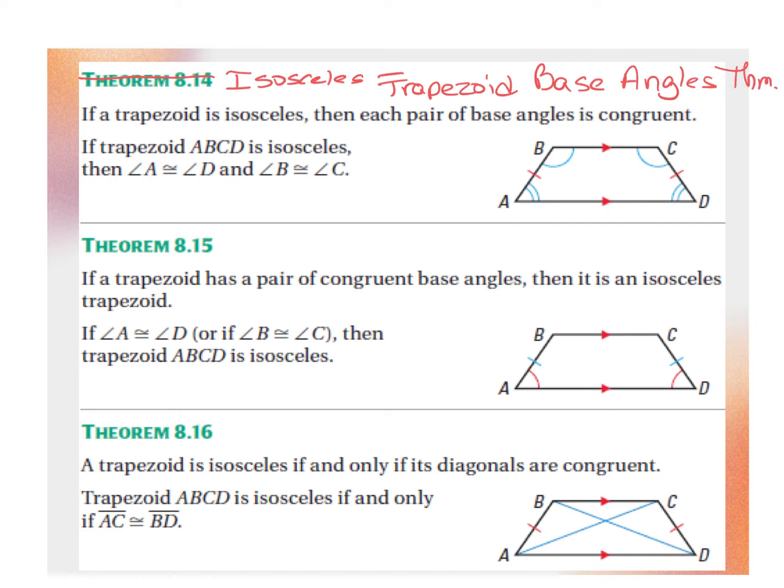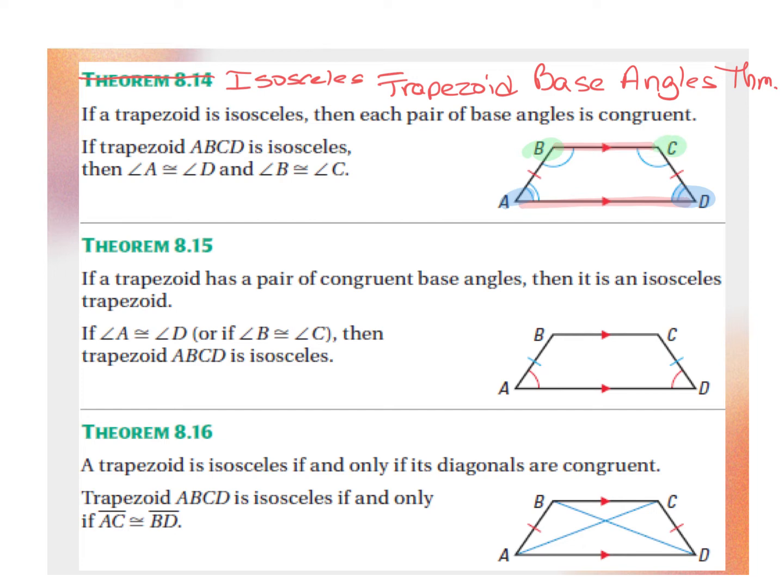This one states that if a trapezoid is isosceles, then each pair of base angles are going to be congruent. In this picture, you can see the bases have the parallel mark, and that would make each angle on the end of that base, angle A, congruent to angle D, and angle B congruent to angle C.